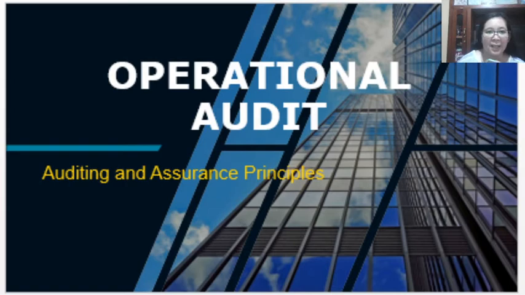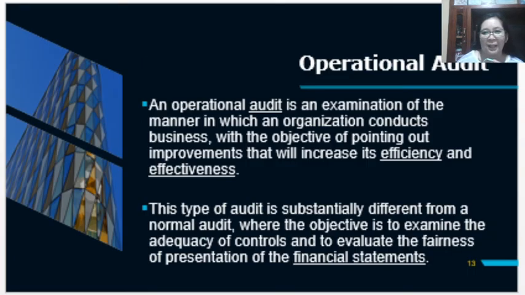So the next type of audit is operational audit. When we say operational audit, this is the examination of the manner in which the organization conducts their business. Basically, we are talking about their performance operationally.